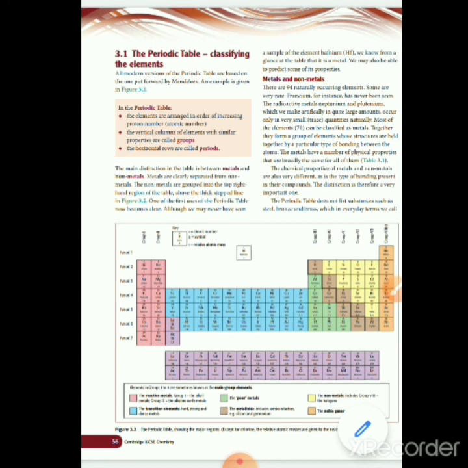Non-metals are the electron acceptors. They will readily accept the electrons which were donated by the metals. Noble gases act as the standard of stability because their outermost shell is fulfilled and they don't need anything to react with. Next, we discussed the transition metals.